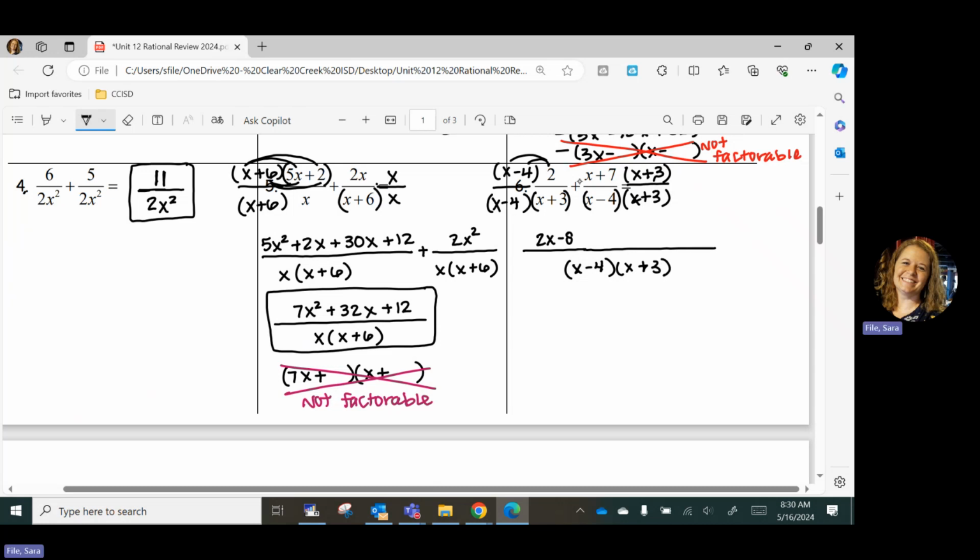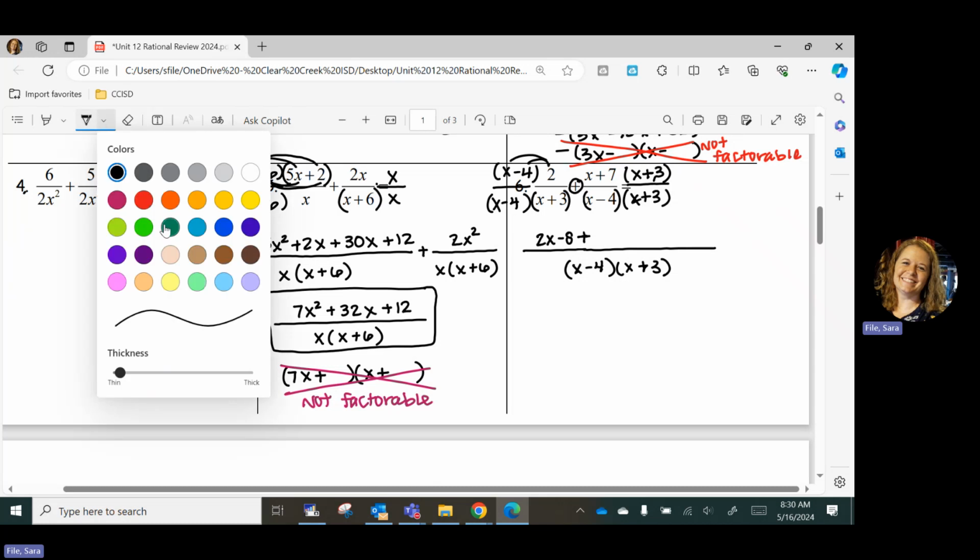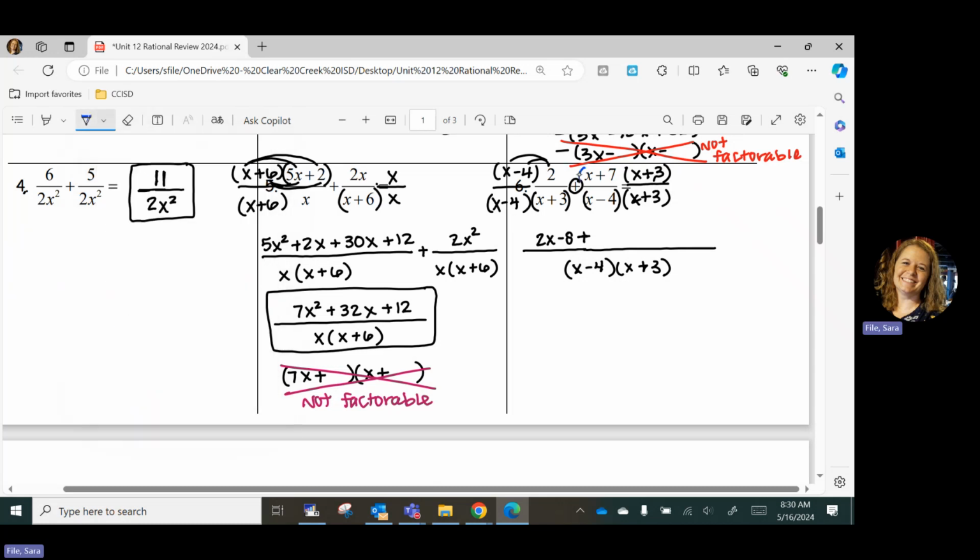Okay, so now I've got this plus sign. Now I do need to do some distributing up here because we've got a binomial, x plus 7 times x plus 3. So we've got to double distribute. That's going to be x squared plus 3x, and then that's going to be 7x plus 21.